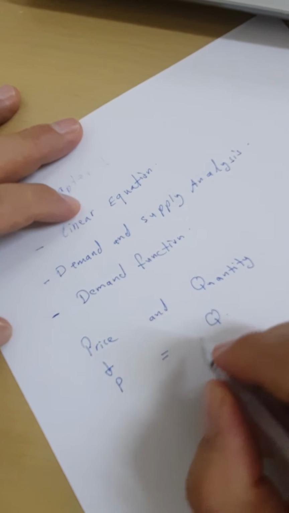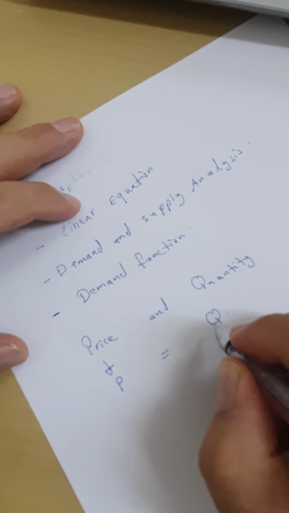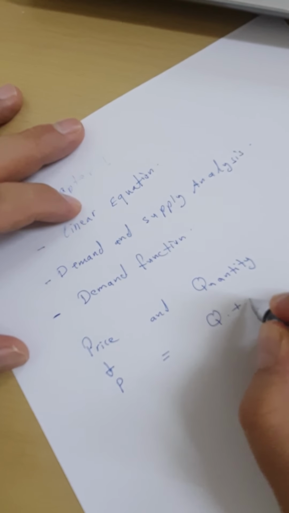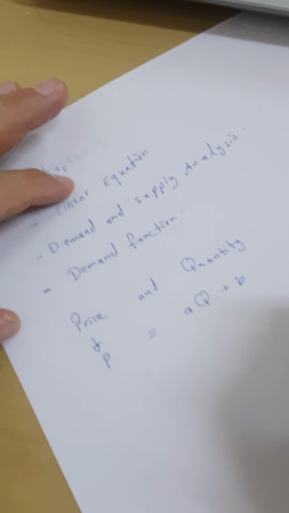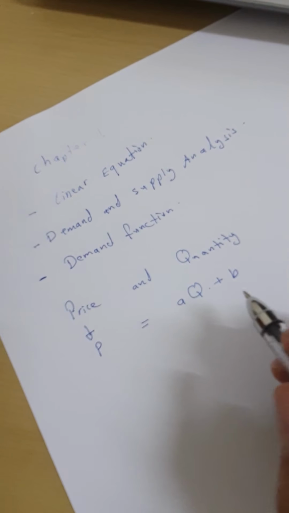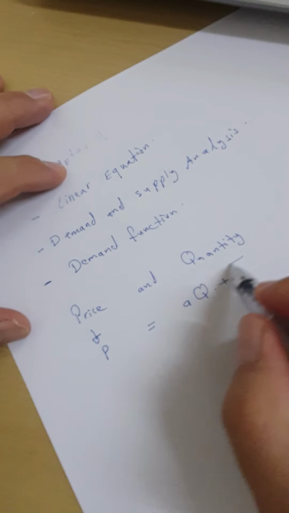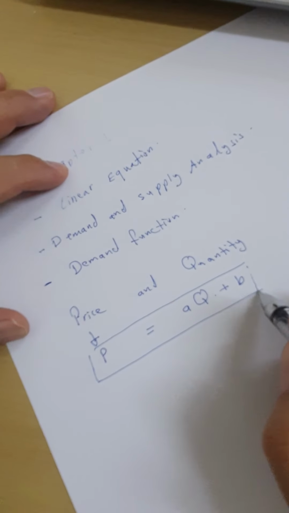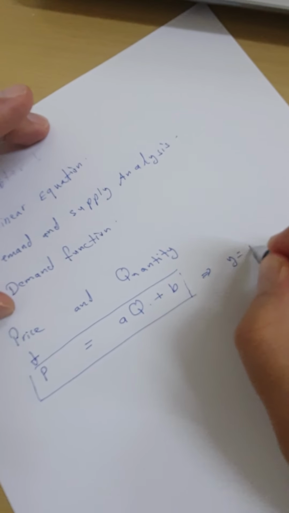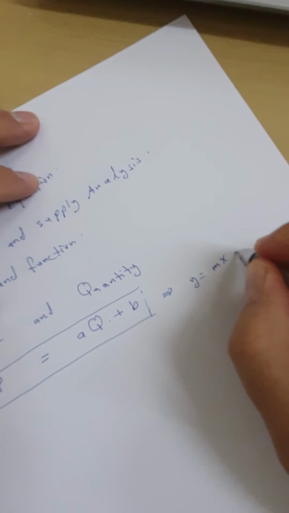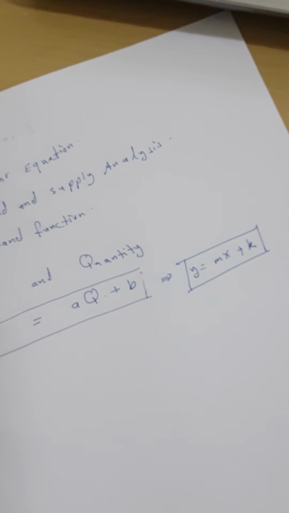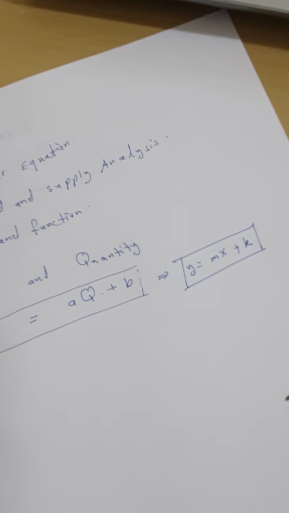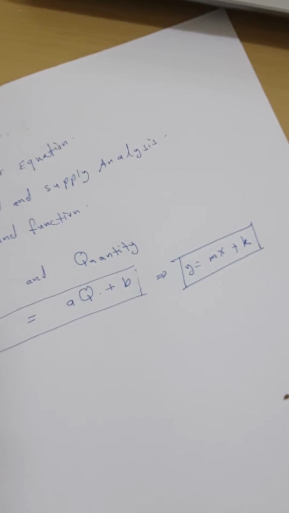So P equals some constant plus a coefficient of Q multiplied by Q. It takes the general form of a linear equation, P equals AQ plus B. If you remember, we were dealing with y equals mx plus k, the slope intercept form that we covered last time. So we are going to study the relationship between the price and quantity.